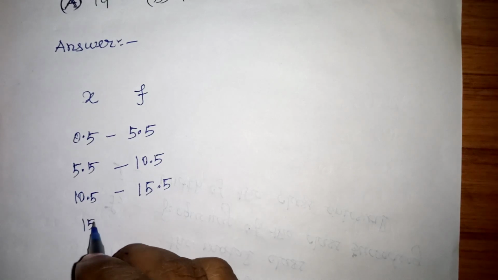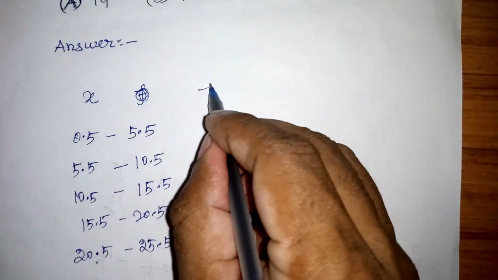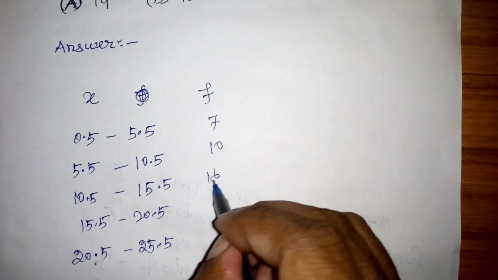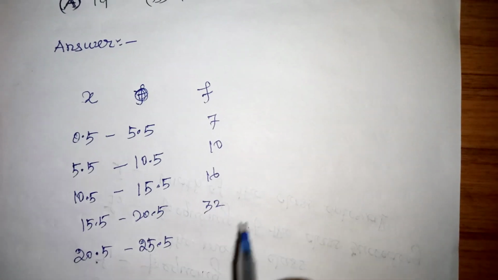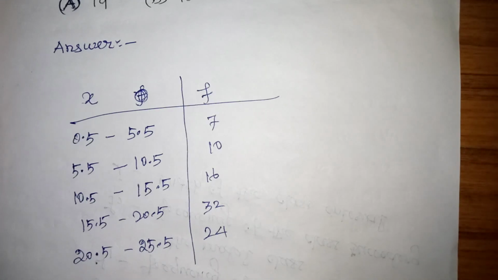Next, 15.5 to 20.5. Next, 20.5 to 25.5. We have converted all of these. Now these are the x values, and f is 7, 10, 16, 32 and 24.